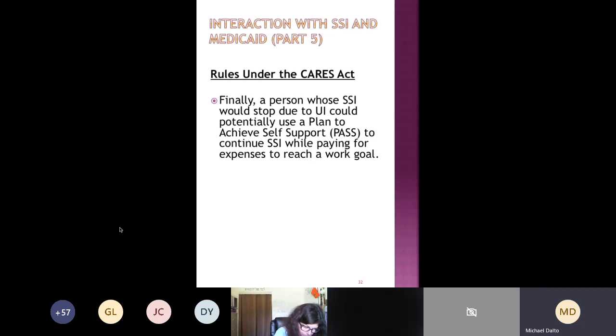And they get to receive higher SSI payments with the PASS plan than they would without it. So some people might choose to use a PASS to help them keep their SSI while they're receiving that unemployment benefit, although they'll need to be spending a good chunk of their income, most of it, to pay for expenses to reach their work goal.